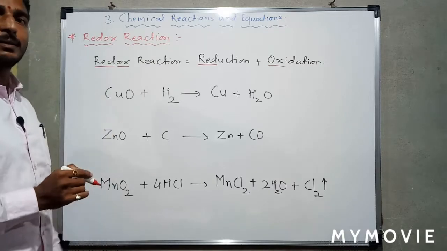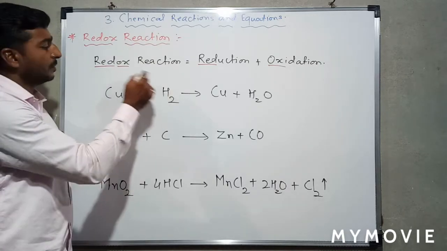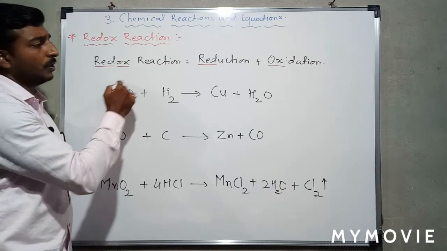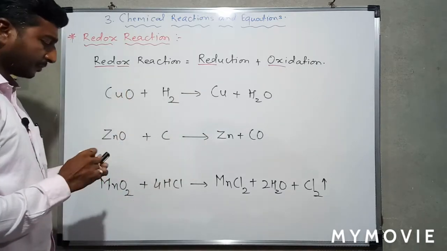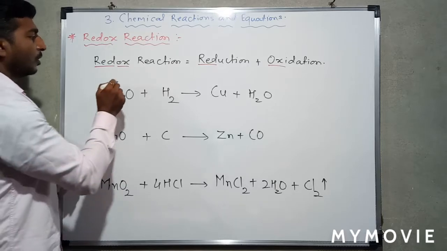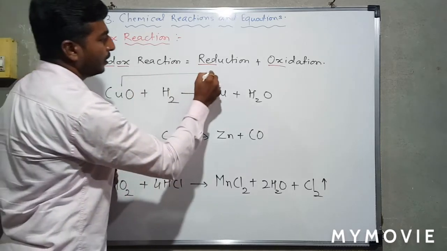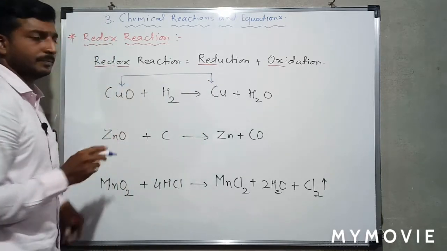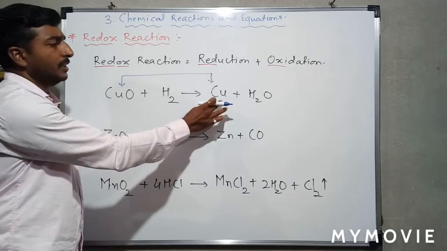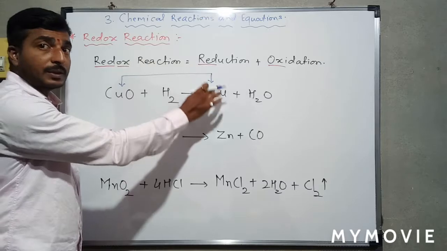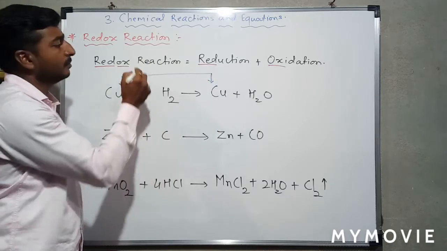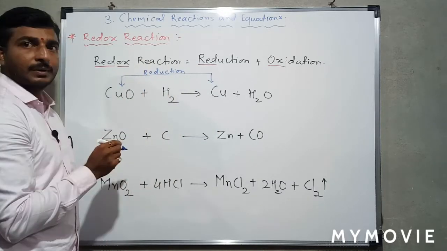Let us check with the example. Hydrogen gas is passed through copper oxide. What we get is copper. Here you can see in this reaction, oxygen is removed from copper oxide. When removal of oxygen takes place, that is reduction.